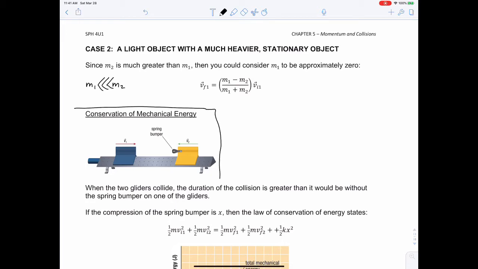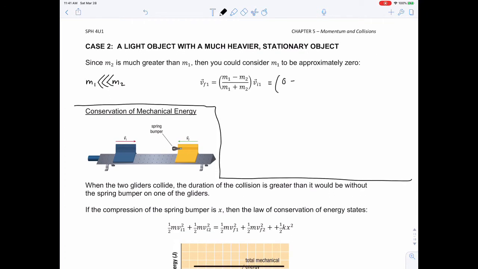I apologize in advance if I haven't given you enough room. I just want to block off this area so that we can write our observations and do some rough calculations. So if mass 2 is significantly greater than mass number 1, we can assume that mass number 1 is approximately 0. So we have 0 minus m2 divided by 0 plus m2 times the initial velocity of object number 1.